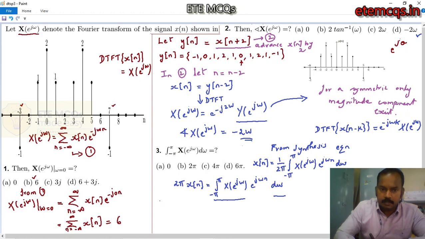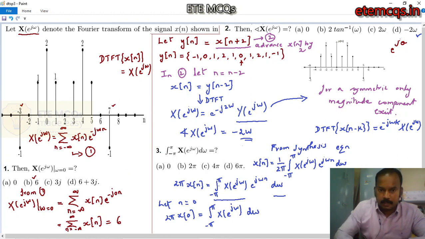Okay, so let n is equal to 0. What happens? You get 2 pi into x of 0 is equal to integration between minus pi to pi, X of e power j omega d omega. Okay, this is what we have as such.